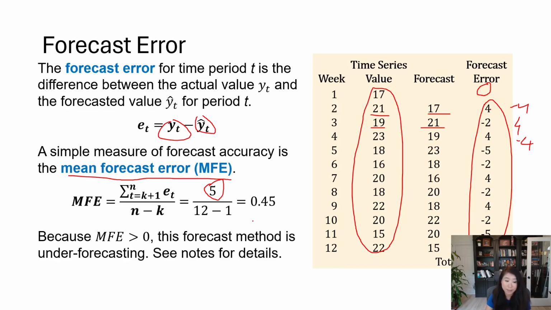So this makes you think maybe mean forecast error is not the best way to measure accuracy, although it's very simple. You don't want the negative and positive errors to cancel each other and make you feel your model is predicting very well, right? So that's what we said: if MFE is larger than 0, this forecast method is under forecasting.